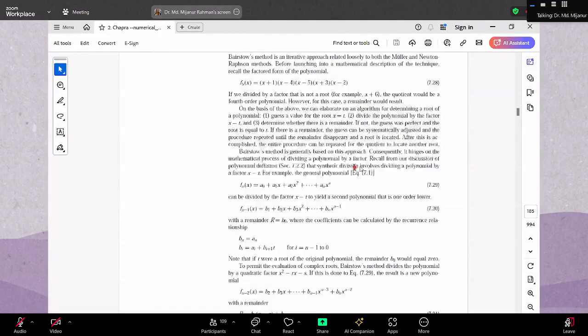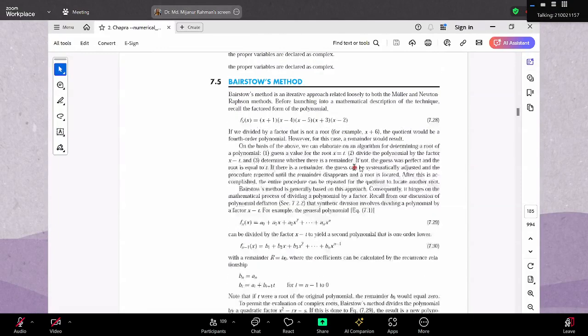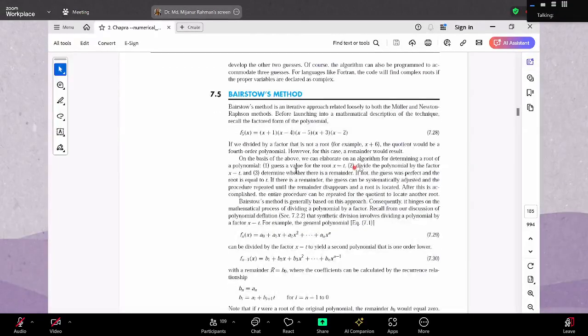Actually, the method was, first of all, we have to consider a root at the initial stage, and then we have to divide the polynomial by a factor, and after that we have to check the root. If there is no remainder, we will declare the root of the equation that we already guessed.